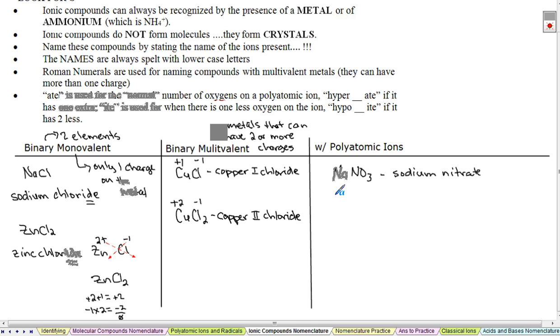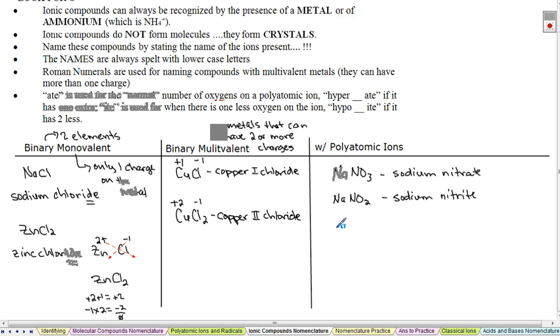We could also have sodium with NO2. Now notice the difference between the 3 and the 2. The charge on this unit stays the same as -1, but it's not nitrate, it's nitrite. So this would be sodium nitrite.